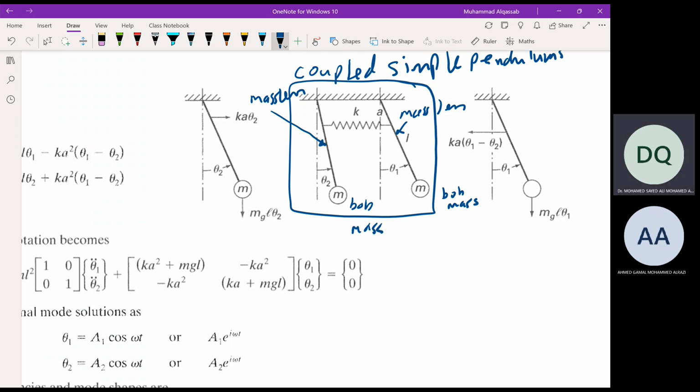And this is the simple pendulum. Now they are coupled by a spring. This is the coupling spring.